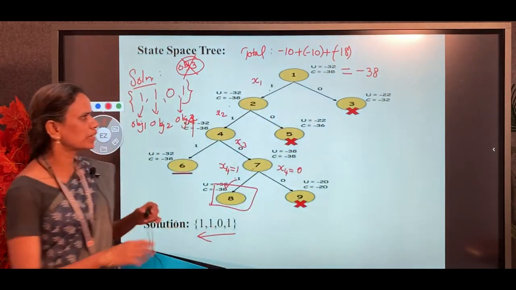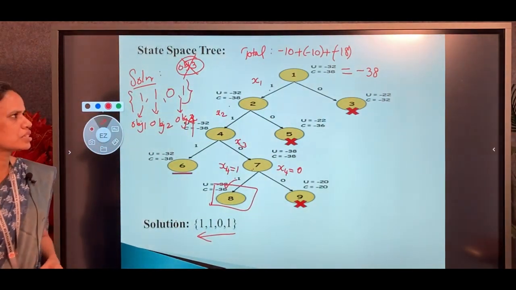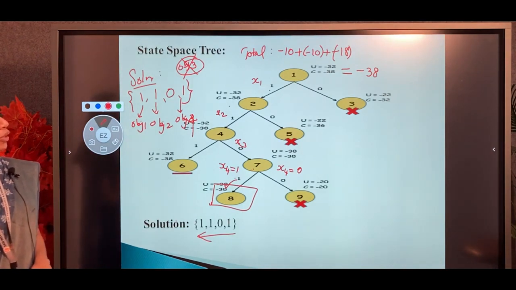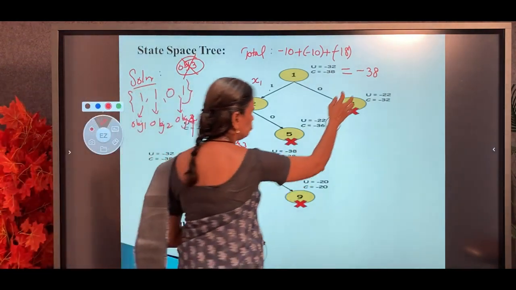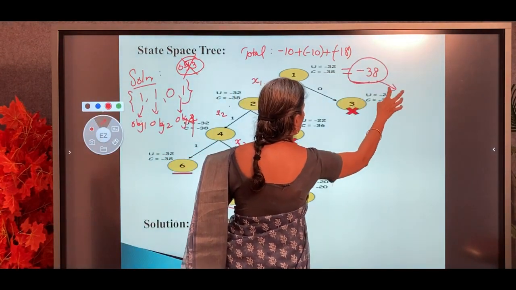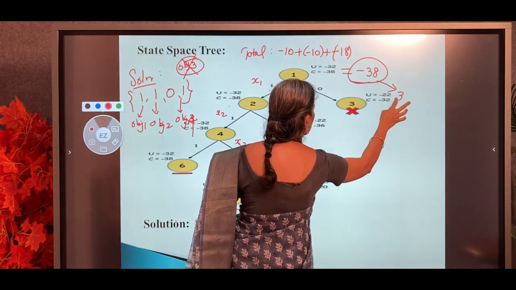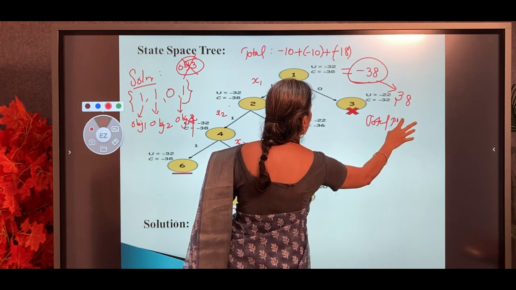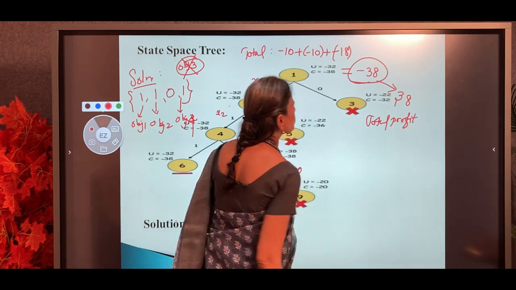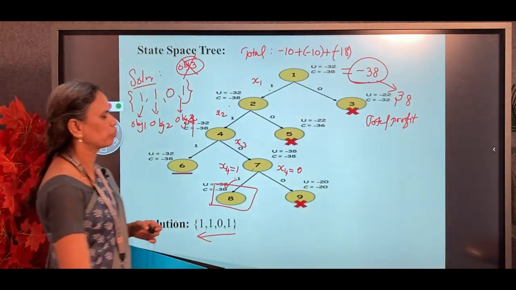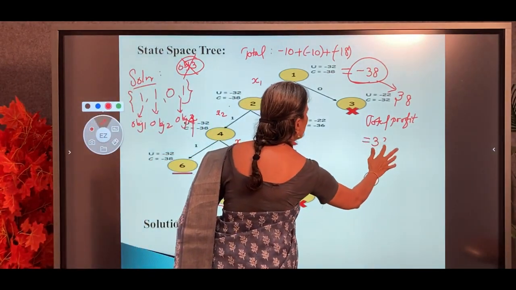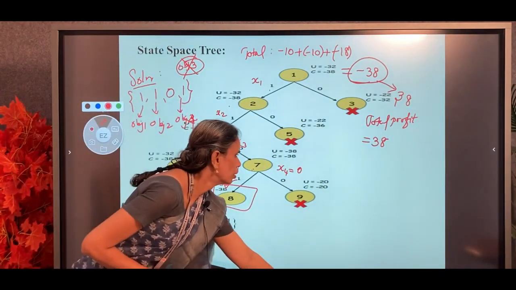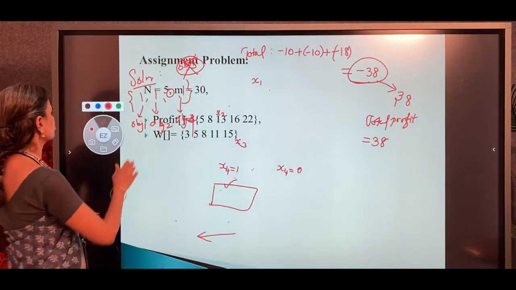This minus 38 is a solution for the minimization problem. We have to convert this minimization problem into a maximization problem. So we have to negate this value, that is, the negative value will be converted into a positive value. So total profit of this 0/1 knapsack problem will be 38 by including object 1, object 2 and object 4. This is the solution path.